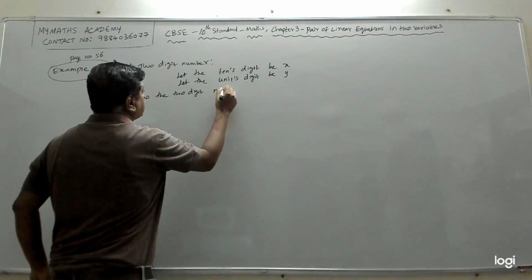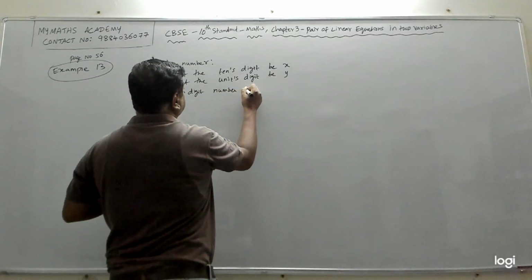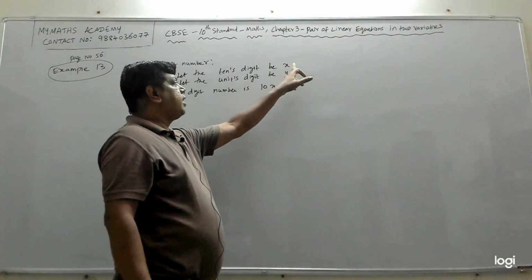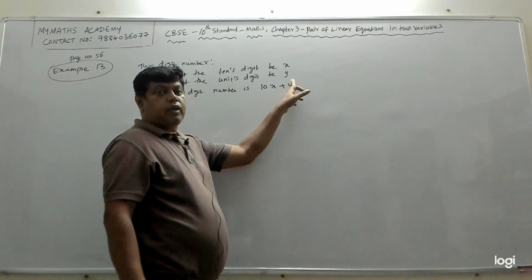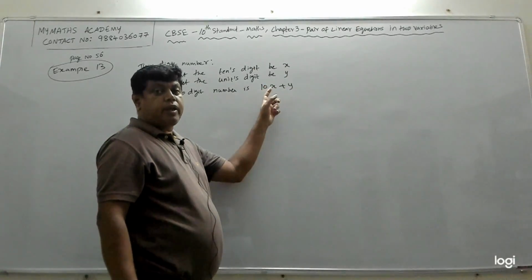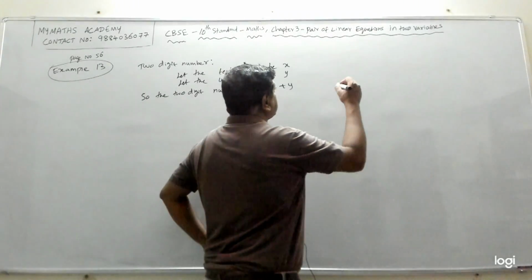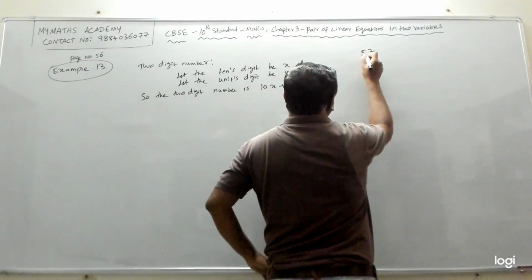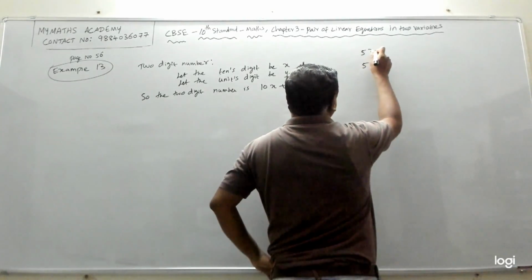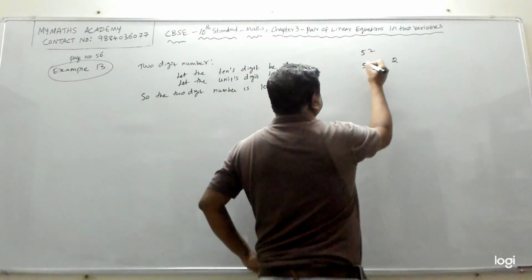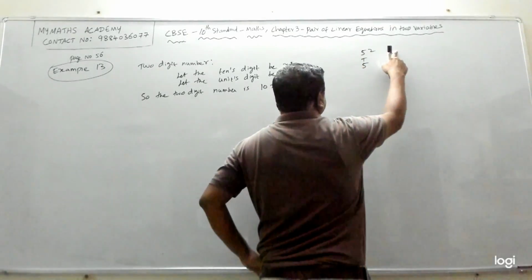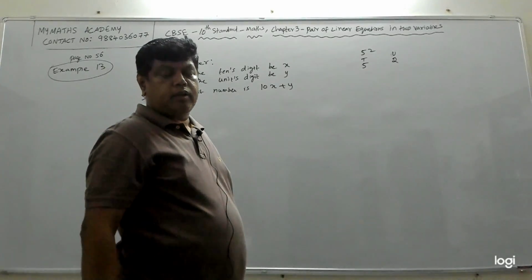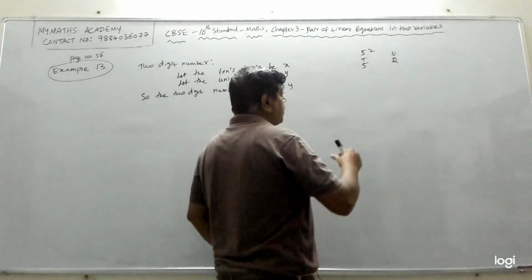The number is 10 into x plus y. If the tens place is x and the ones place is y, then the two-digit number is given by 10x plus y. Suppose there is a number, say 52. Its tens place is 5, its ones place is 2. This is the tens place, this is the ones place or units place. Now how will you write the two-digit number algebraically as an expression?